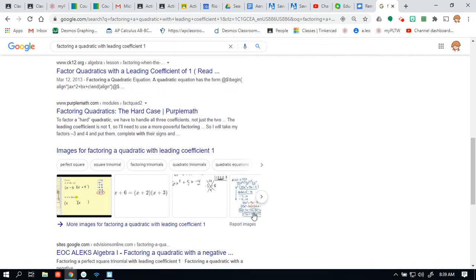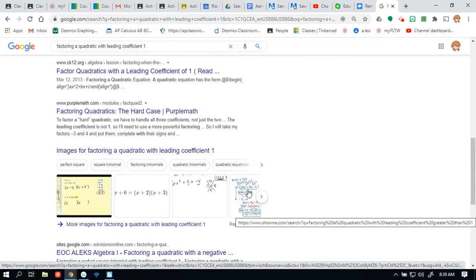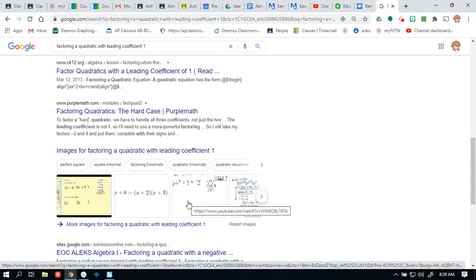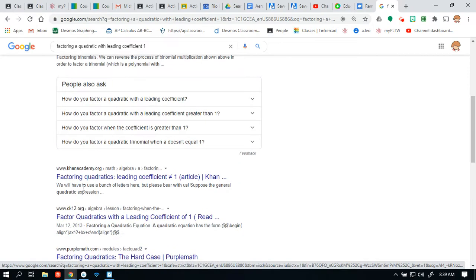You have where you put them in parentheses and find different values. There are so many different ways to factor. So what I'm going to do is show you the way I like to factor. This does not mean you have to factor in this way. So let's go through this.